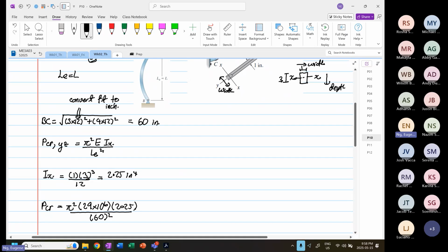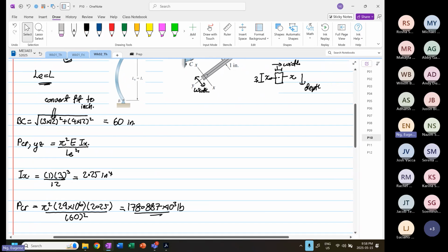LE is equal to L, which is 60, squared. So this is equal to pi squared times 29 times 10 to the power 6 times 2.25 divided by 60 divided by 60, which is equal to 178.887 times 10 to the power 3 pounds.